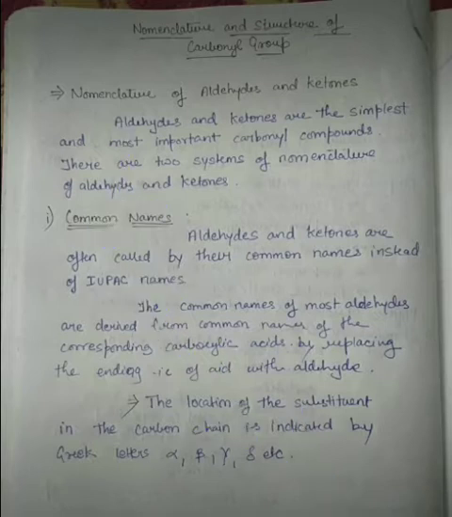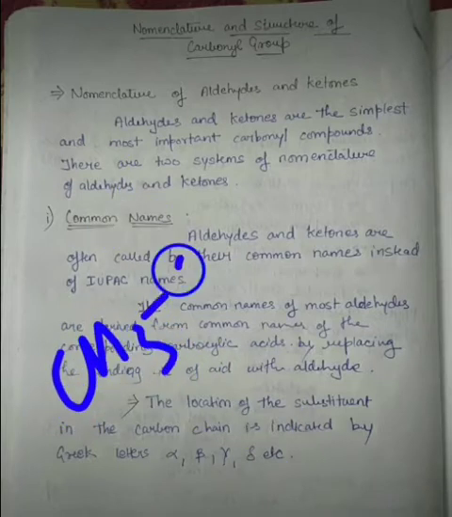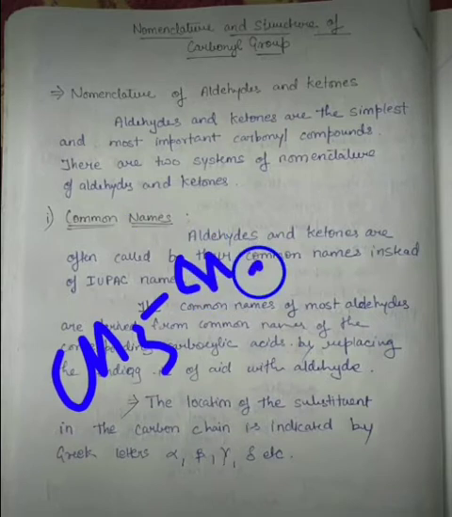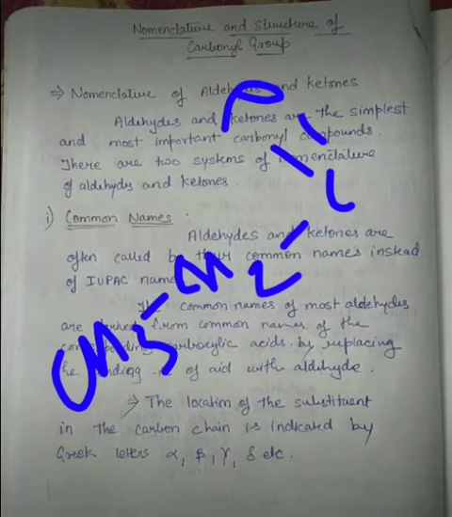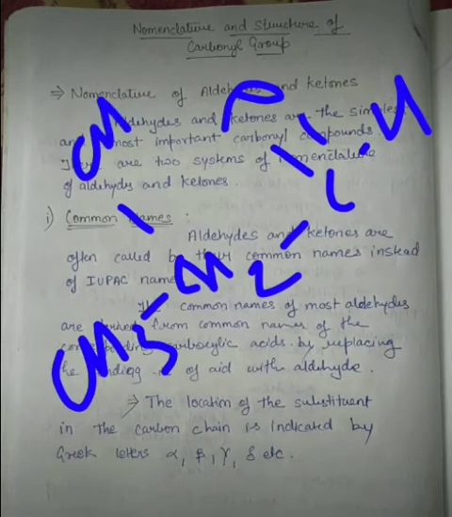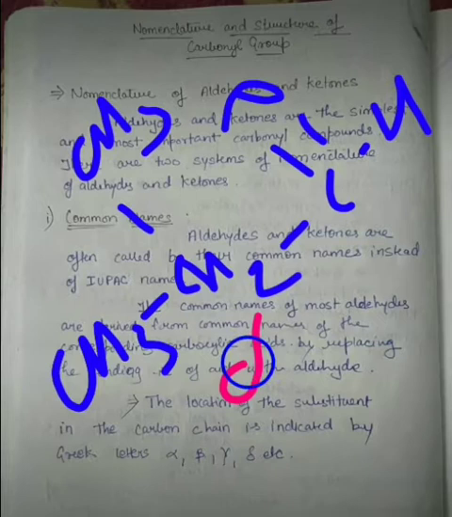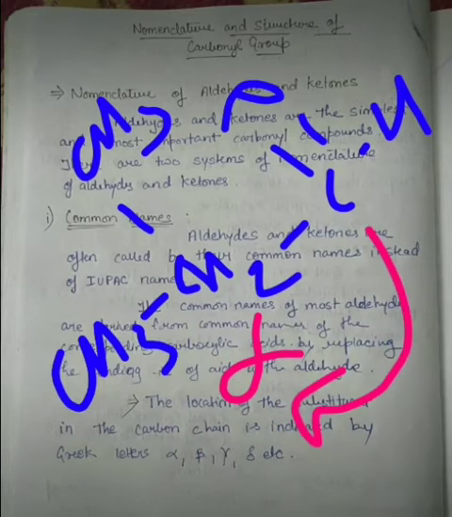Suppose there is an aldehyde group, CH3 with CH2 COH. For this type of skeleton, suppose the substituent here is CH3. This position will be named alpha, that is next to the carbonyl carbon, and this carbon will be named beta.